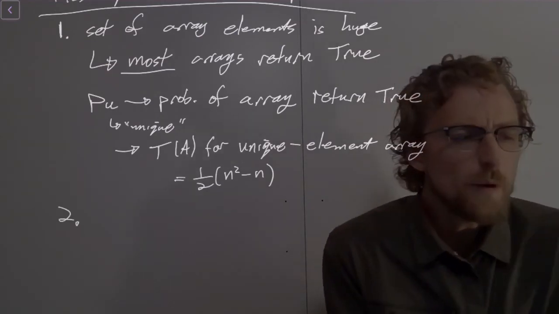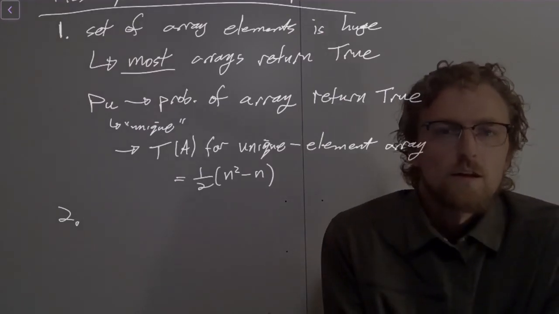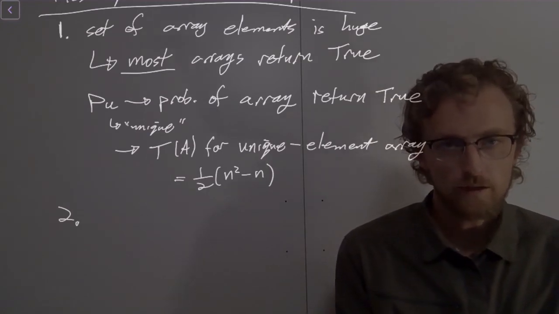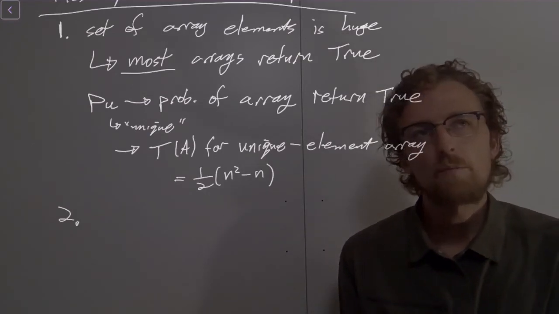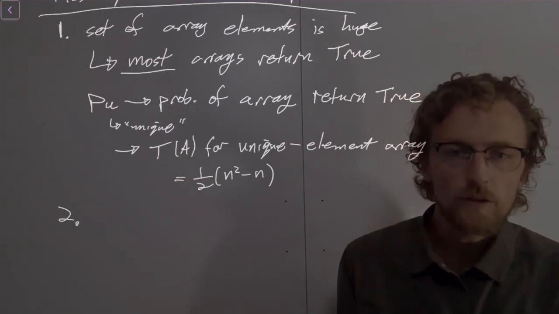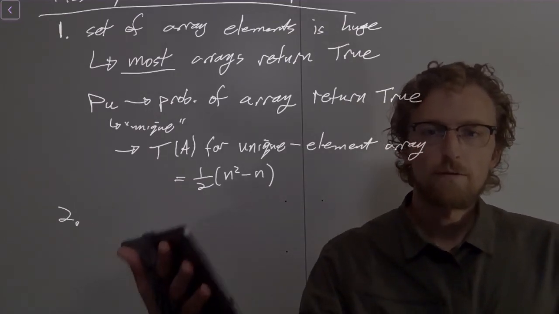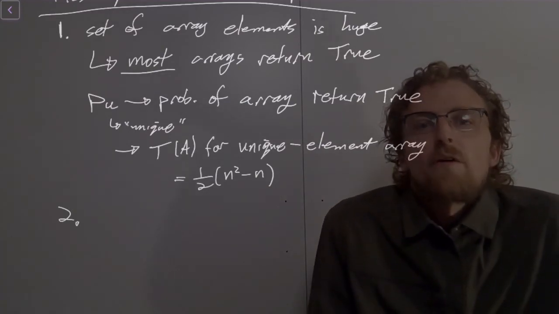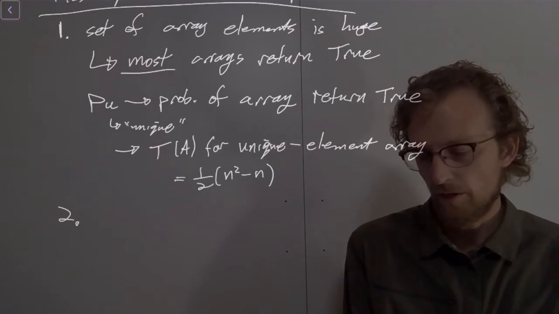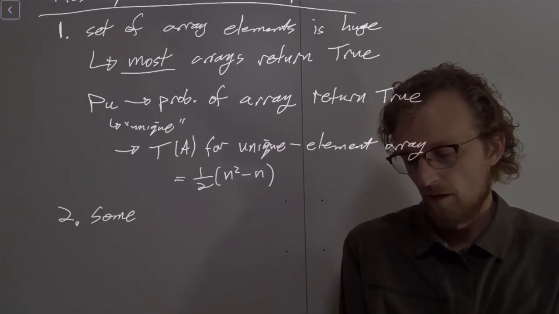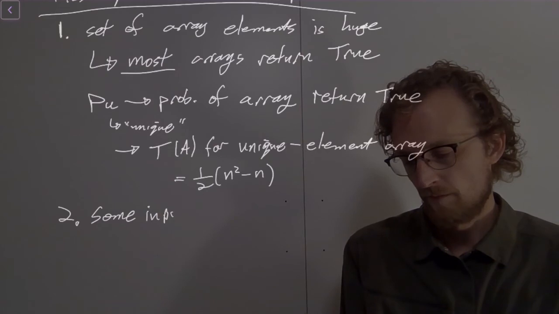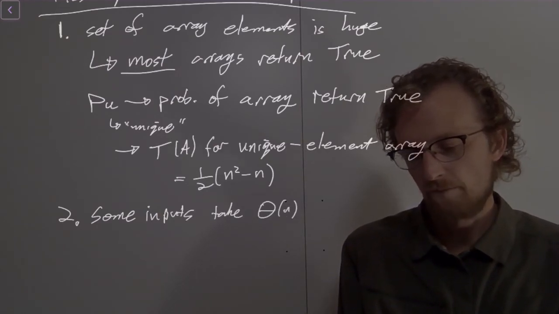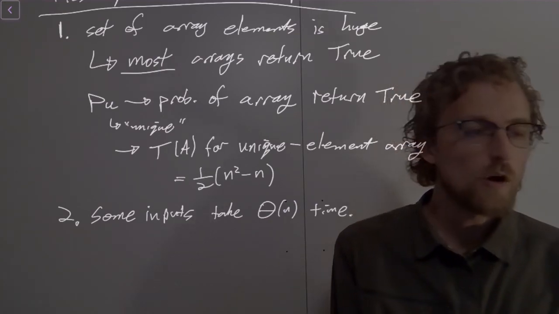Assumption two: let's suppose that there's some fraction of inputs that terminate in linear time. I'm not going to try to characterize what these inputs look like; you're welcome to do that yourself. But for example, an input that takes linear time is one where the first element is equal to the last element. So some of our inputs take theta of n time, which is linear time.